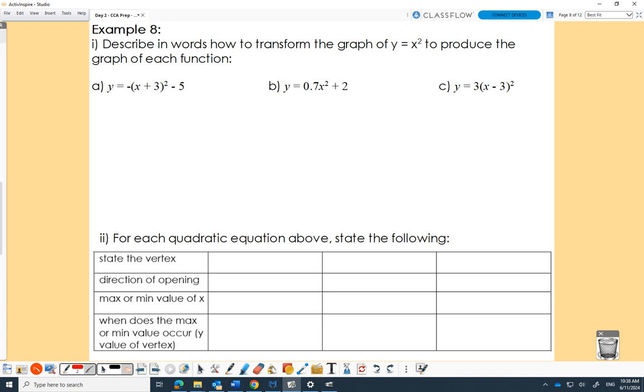So, y equals x squared. If you had y equals x squared, how many things get done to it here? 3. I like putting little dots before I even start. Little point form dots like 1, 2, 3. I've got to describe 3 things that are going to happen to y equals x squared with these transformations.